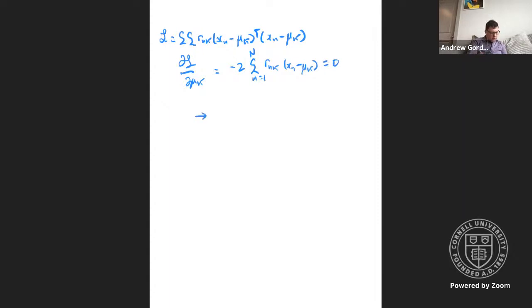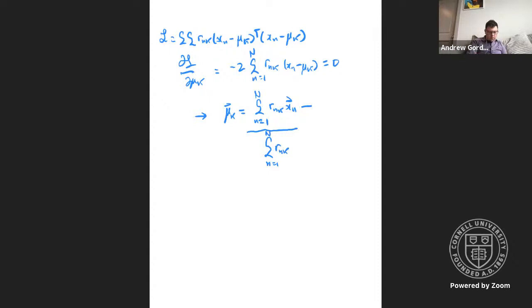And then we get mu k equals the sum n equals 1 to n of Rnk xn over the sum n equals 1 to n of Rnk.